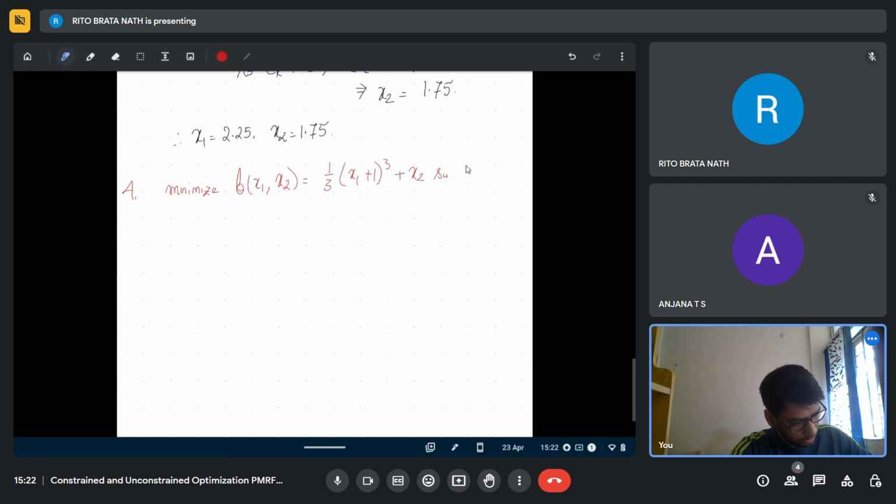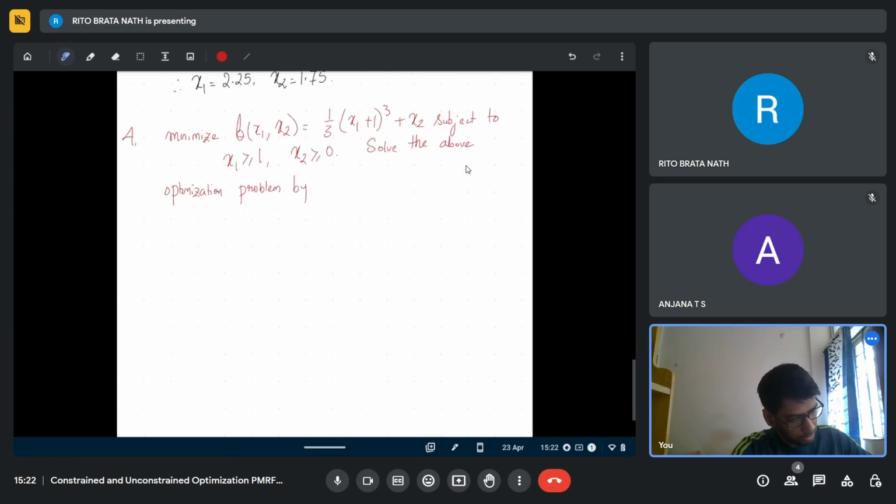This is subject to x1 greater than or equal to 1 and x2 greater than or equal to 0. Solve the optimization problem by using the interior barrier function method.